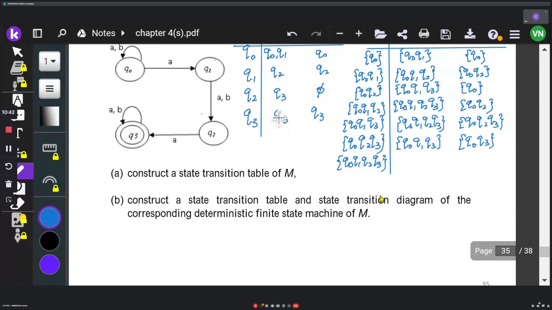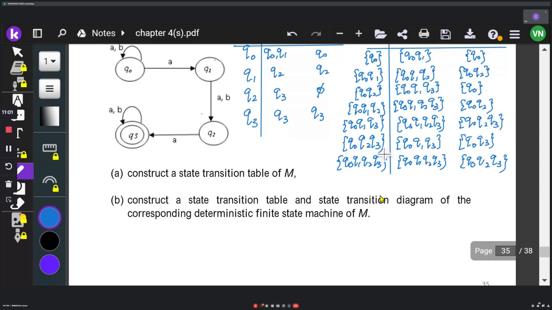And 0, 1, 2, 3 combined, also get 0, 1, 2, 3. Then for input B, we have 0, 2, 3. Okay.